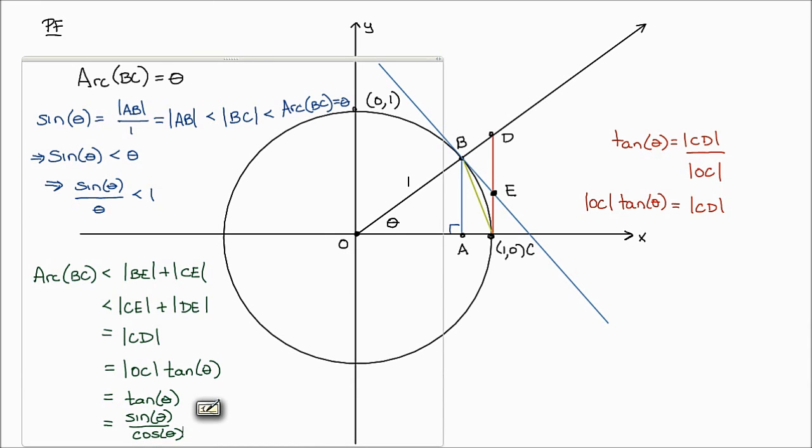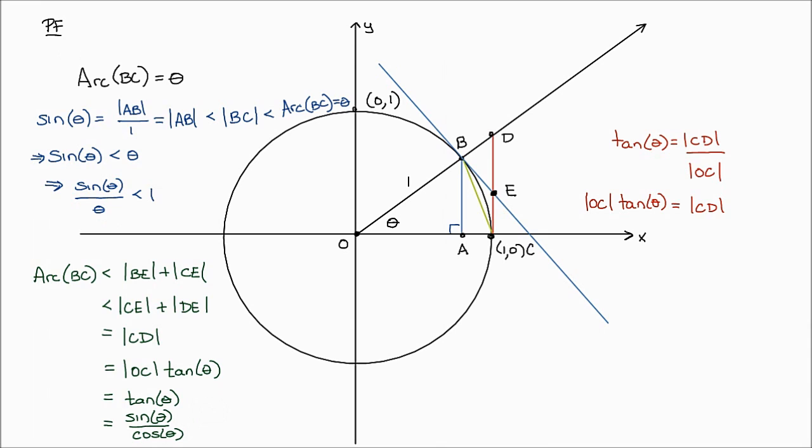The implication of this is that the arc length from B to C that we have right here has to be less than sine of theta over cosine of theta. But we've already said right at the beginning, the arc length from B to C is theta. So this implies that theta must be less than sine of theta over cosine of theta.